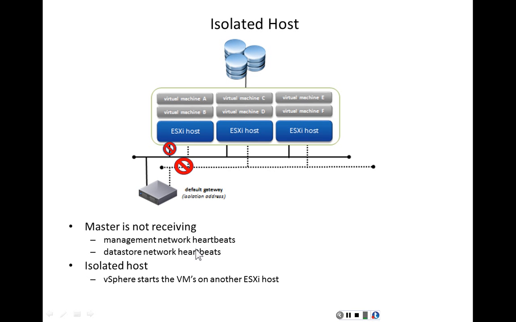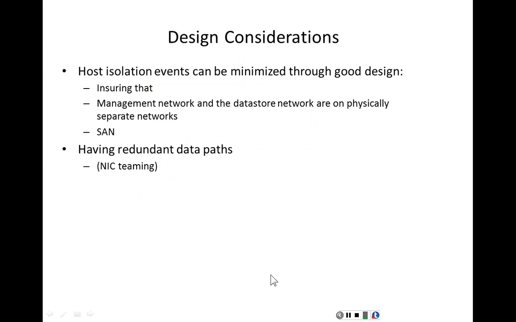If there's an isolated host, vSphere starts the virtual machines on another ESXi host. Host isolation events can be minimized through good design. For example, by ensuring that the management network and the data store network are on physically separate networks. And of course, we've already discussed that with the storage area network. And also by having redundant data paths, and we've already discussed that with network interface card teaming.